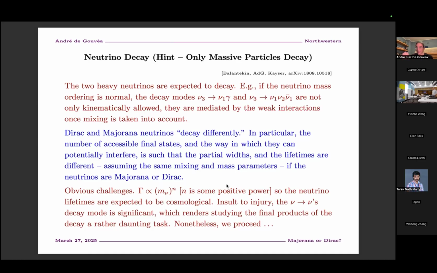So I think a better question to ask is, what are the experimental bounds on the neutrino lifetime? And those bounds, you can quickly bet, are not going to be 10 to the 30 years. They actually are a tricky thing to calculate. And I know that Yvonne's group has some very nice bounds on the neutrino to neutrino two-body final state.